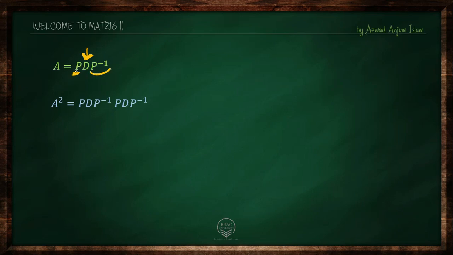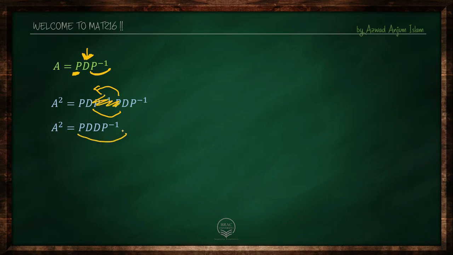The beauty of this is, if I do this 1,000 times or 10,000 times, we don't have to do this over and over again, because these two cancel each other out, since the effects of P and P inverse are opposite to one another.